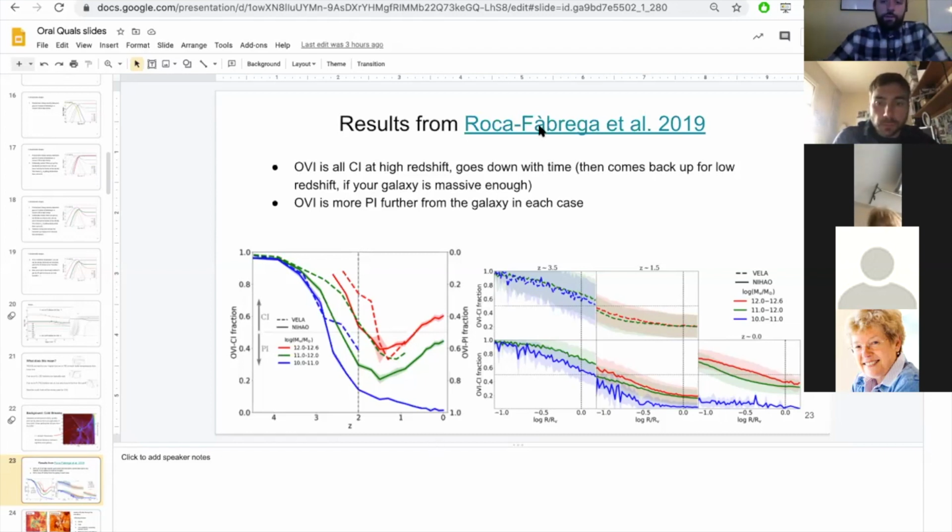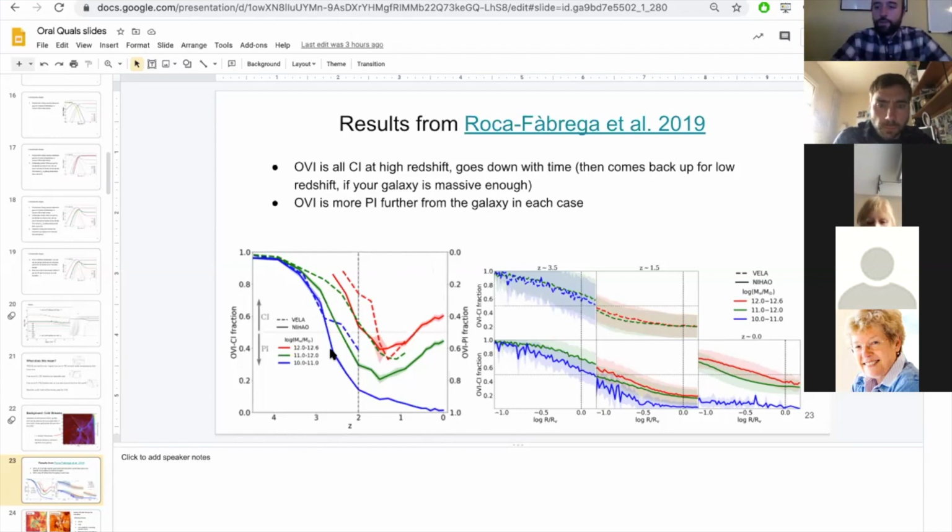And one thing I would say about this picture is the reason we wanted to go through this again: this picture is integrating the entire CGM as one big bubble, and it's not thinking about the difference between gas on the inner part of the halo and the outer part.